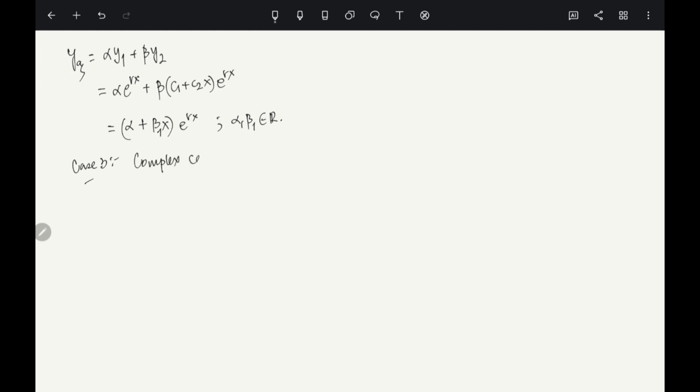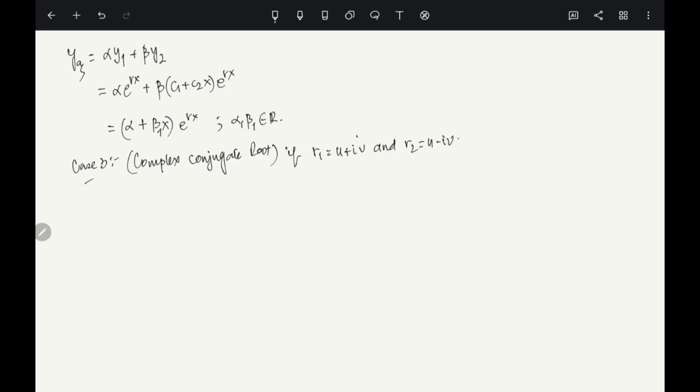So you will have two roots: R1 is u plus iv and R2 is u minus iv. Clear?